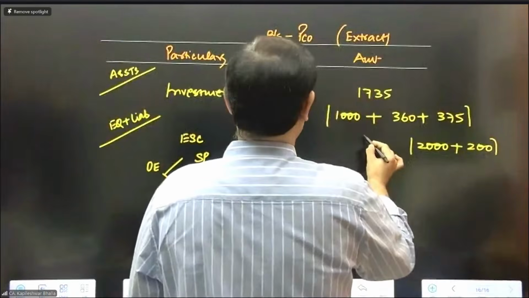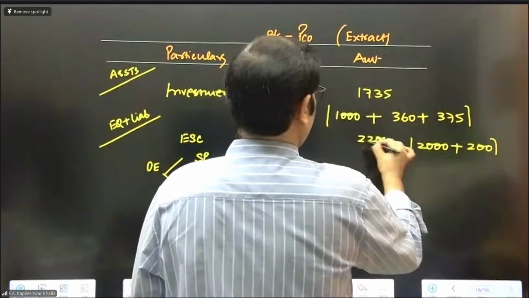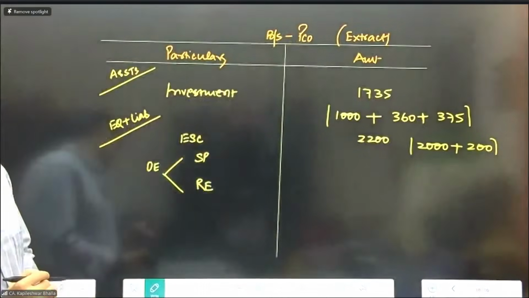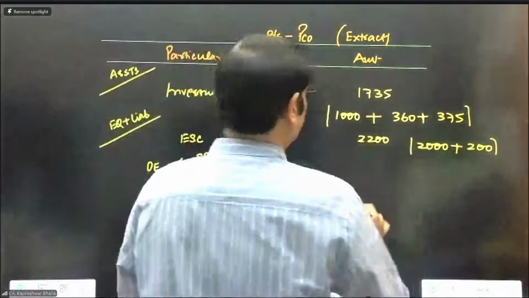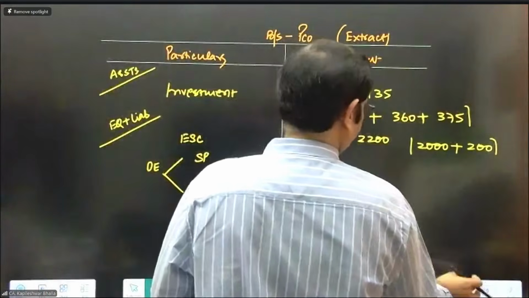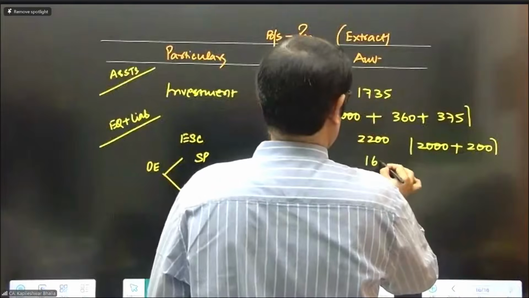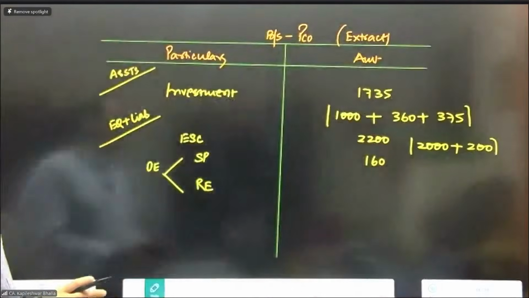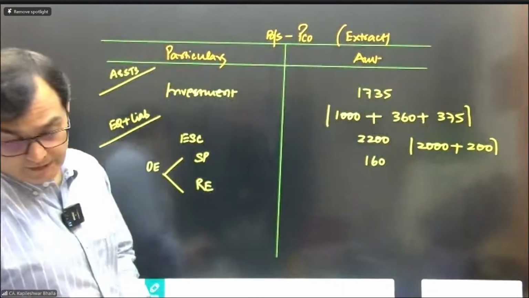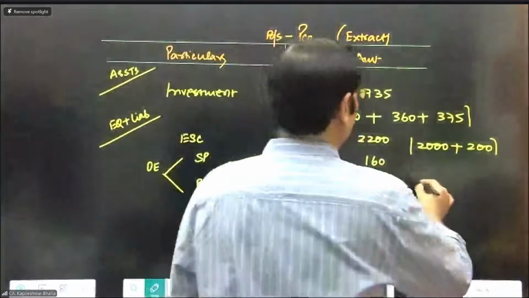So that makes it 2,200. Then share premium, I think there is no premium. The premium is appearing at 160. There was no existing premium in the balance sheet. And as far as RE is concerned, it's 1,400.